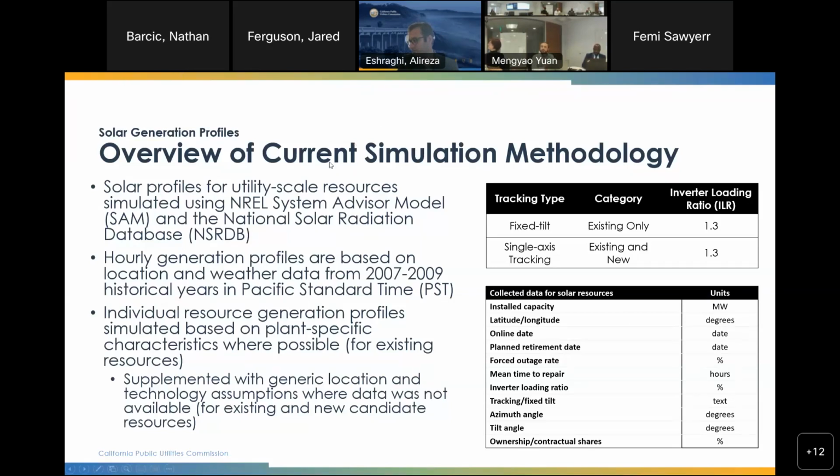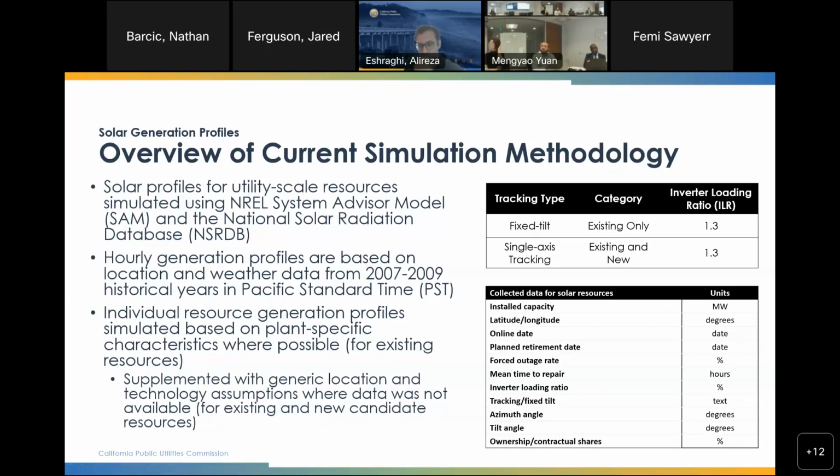The latitude and longitude are available from, again, as I had mentioned, existing sites or that scatter of random points within the set of regions from the land use screen that we use for the new set. Online date and planned retirement date are also considered. Forced outage is essentially what the resulting normalized profile would become. And I'd already mentioned inverter loading ratio and the tracking type or tilt angle as well, and azimuth.